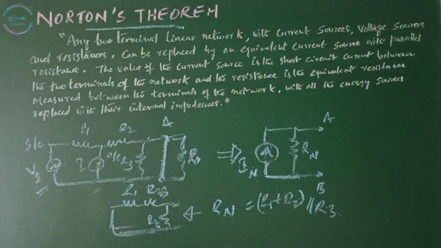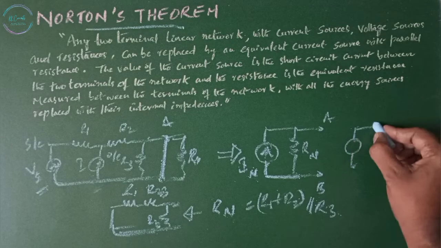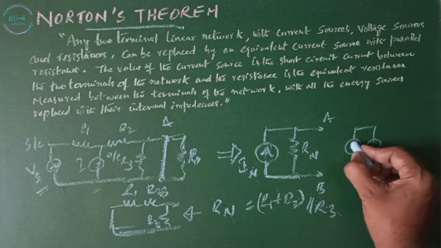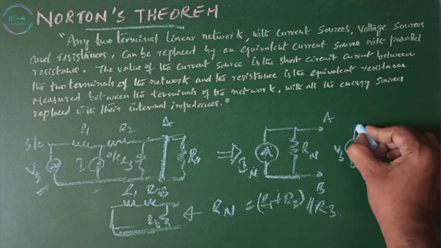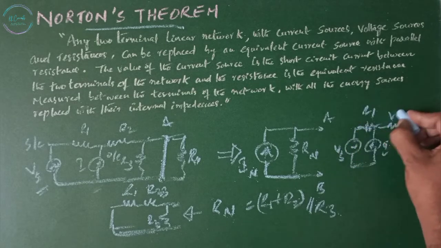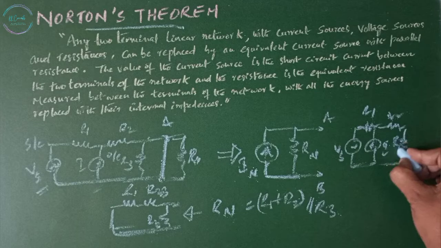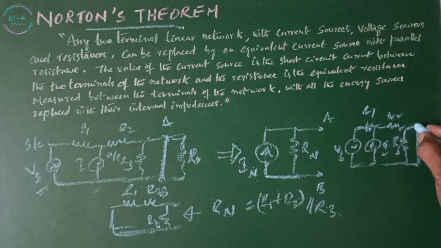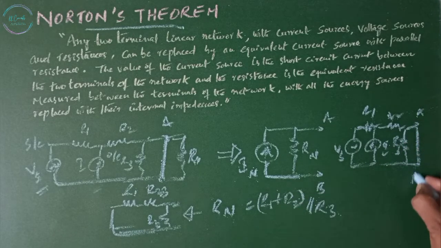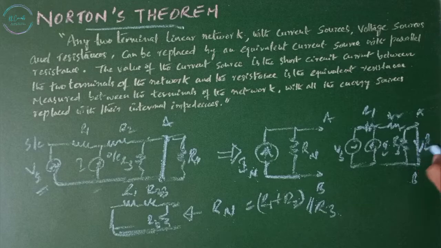This is Norton's resistance, whereas with the voltage source Vs and the current source I with R1, R2, R3 and terminals A and B, the current flowing through is Norton's current IN.